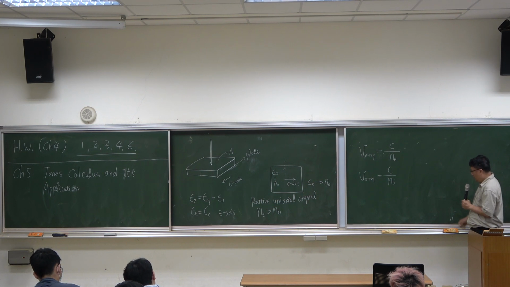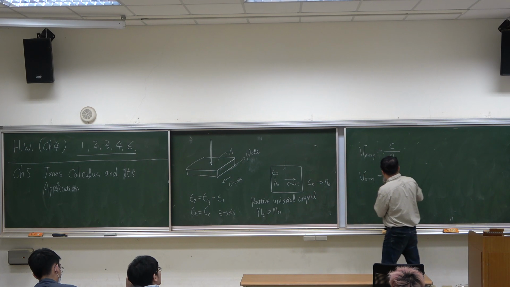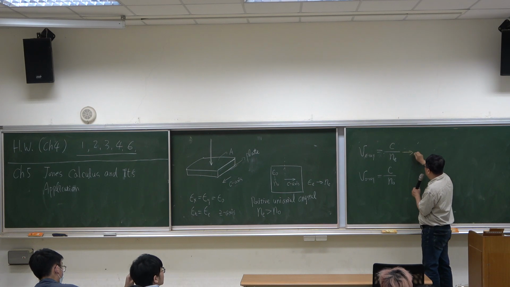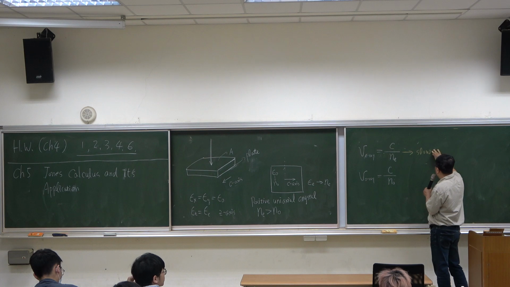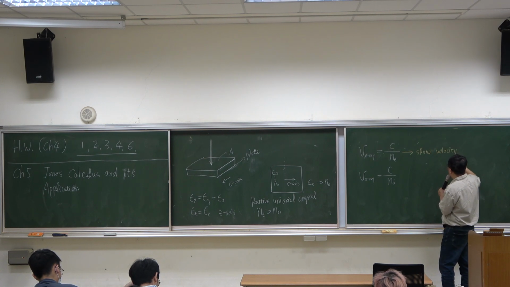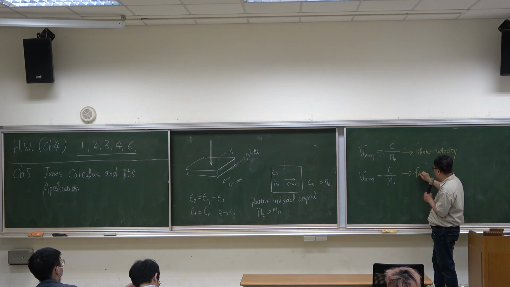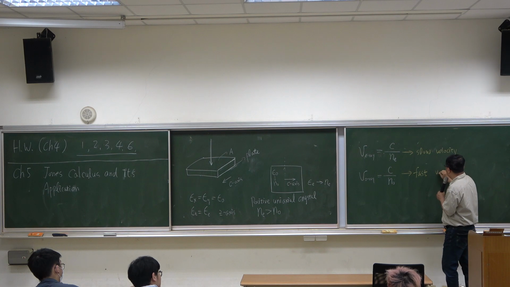Okay. So since NE is larger than NO, this gives us a slow speed or slow velocity, and this gives us a fast velocity.